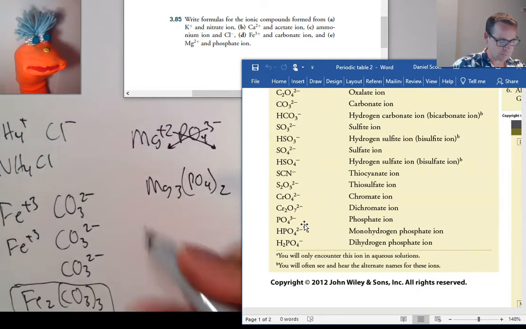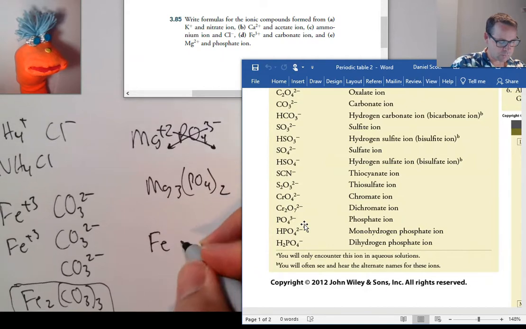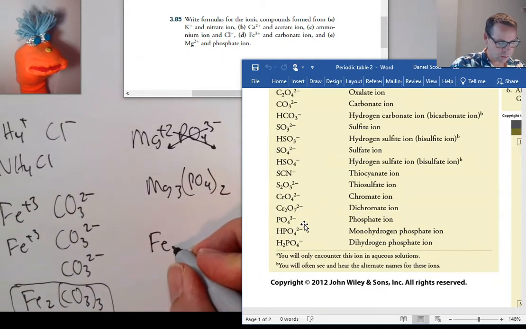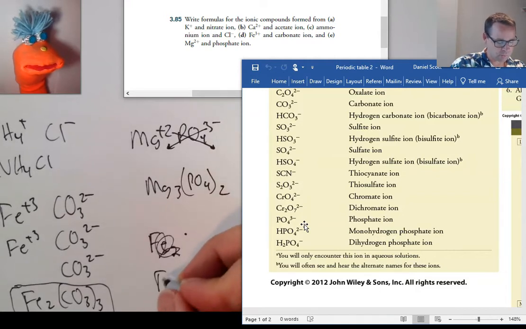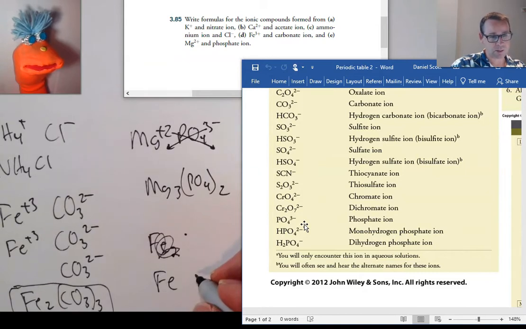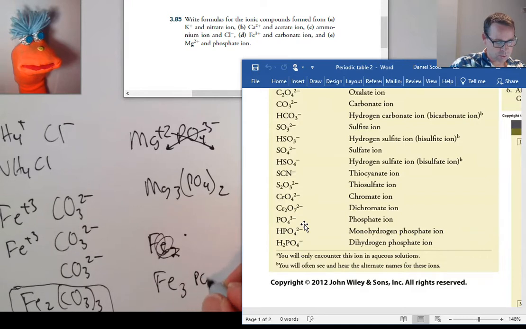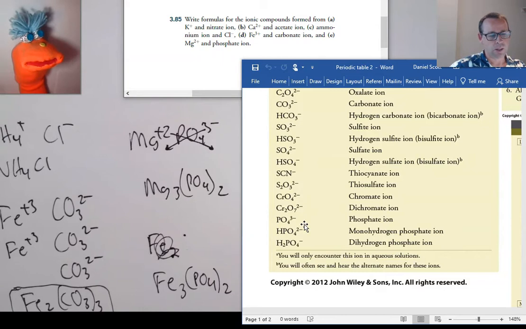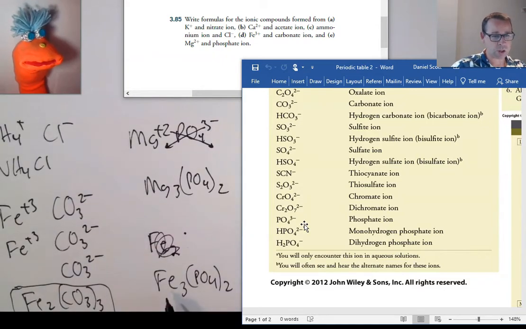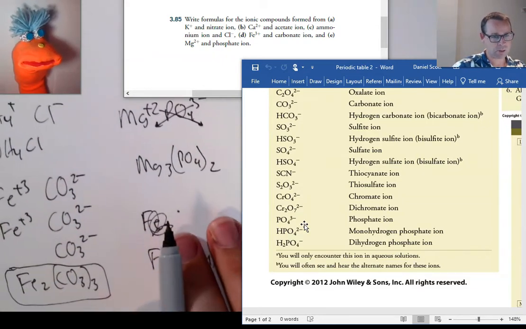Another thing that's valuable: if I give you, for example, a compound that is Fe3(PO4)2, and I ask you, what's the charge on the iron ion in this compound?